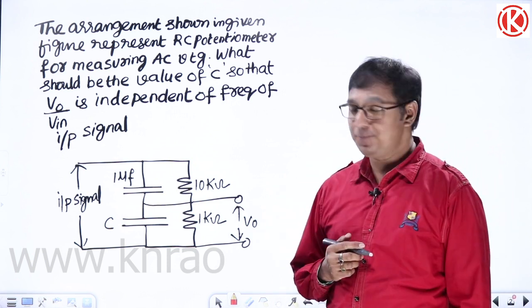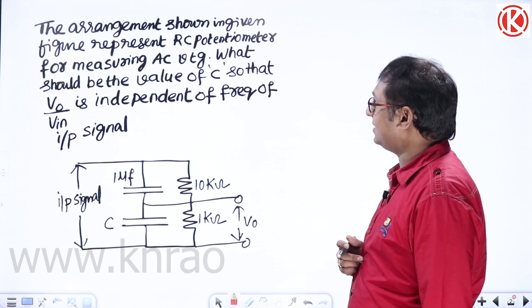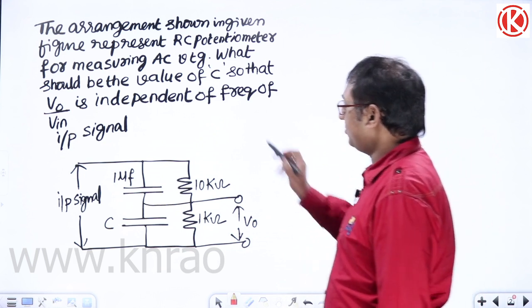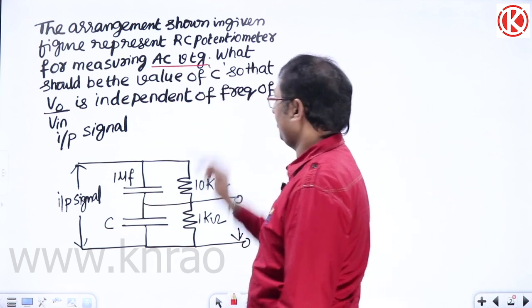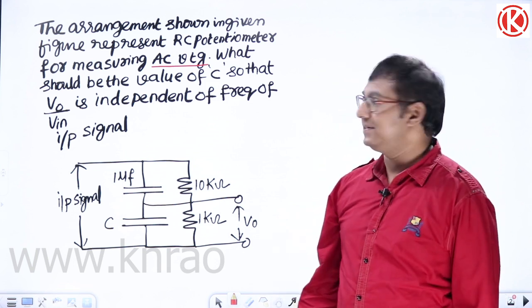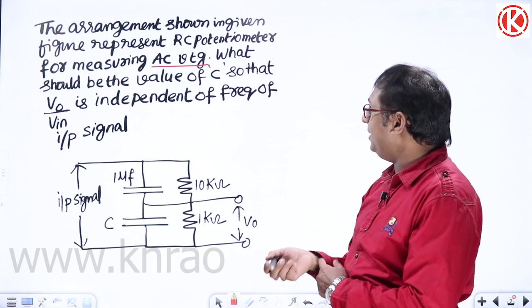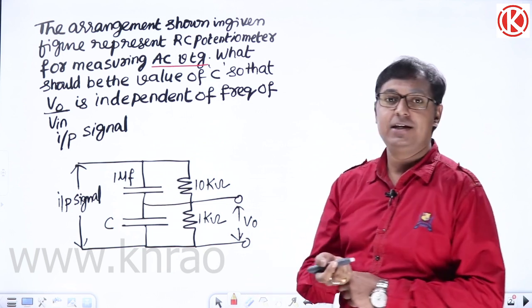Question based on probes. The arrangement shown in the given figure represents an RC potentiometer for measuring AC voltage. What should be the value of C so that Vo by Vi is independent of the frequency of the input signal?